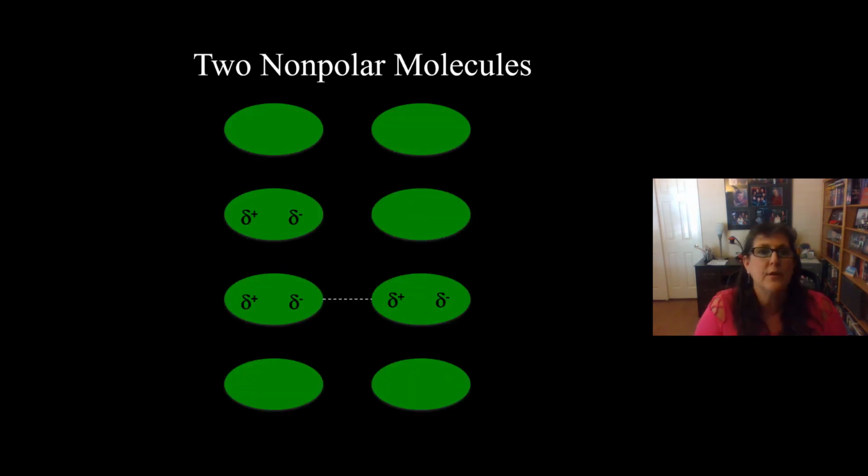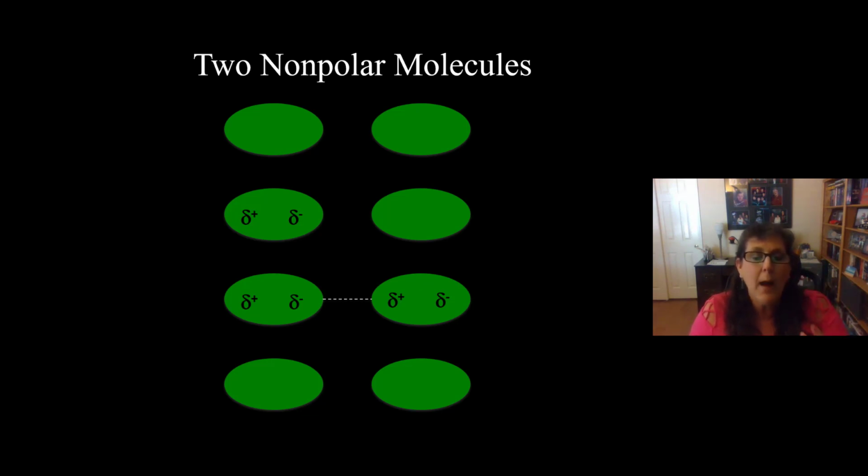Here's another picture of the same thing. We start out with 2 non-polar molecules. Then in the second step, for a moment, the electrons are pushed over to one side, so it's delta minus, the other side is delta plus. So the second molecule lines up so that opposites attract.